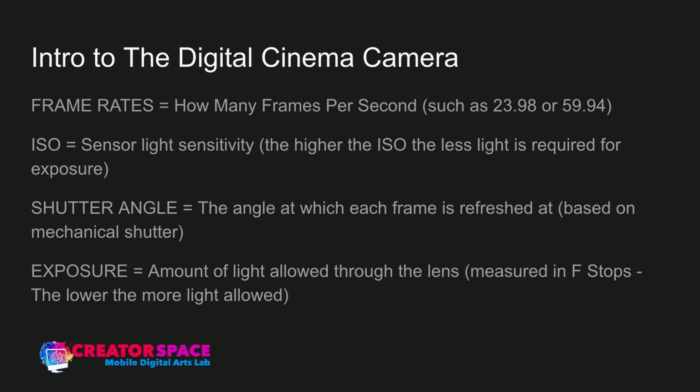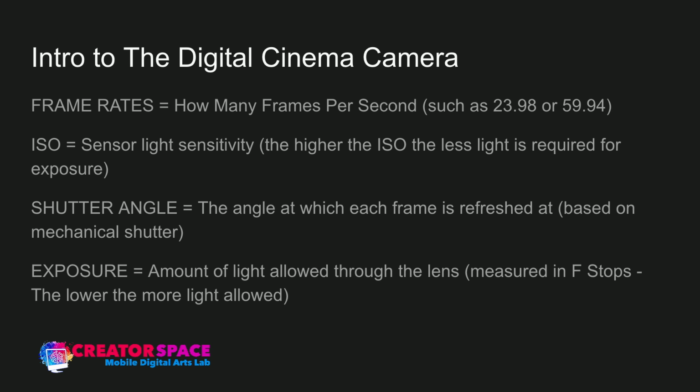Okay, now going back here. If we look at shutter angle, this is a mirrorless camera, but the shutter angle is kind of a virtual shutter, and it's based on that mechanical shutter idea, and that really is the concept that there's a metal shutter. It would go in front of the negative as it's getting exposed and spin around, so that it would have time for the film to move.